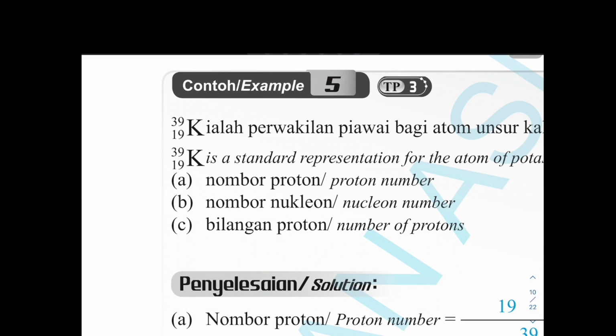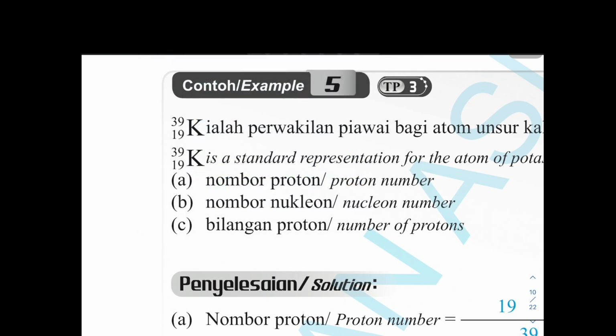Baik, sebelum ini kita sudah belajar tentang standard representation for the atom. So this is the example of standard representation for potassium, ya. So 39 19 K. If you still remember, 39 is the nucleon number.